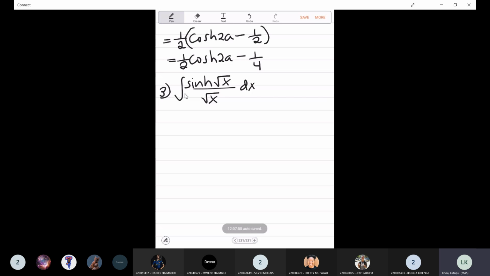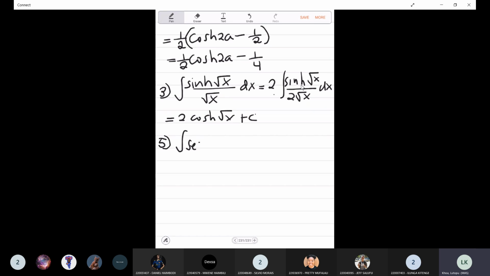So I can multiply by a half here and then multiply by a 2 outside. So this is 2 integral hyperbolic sine of the square root of x over 2 square root of x dx. Now we can just integrate the sine hyperbolic, which is hyperbolic cos. So we have 2 hyperbolic cos of the square root of x, and then add your constant of integration.